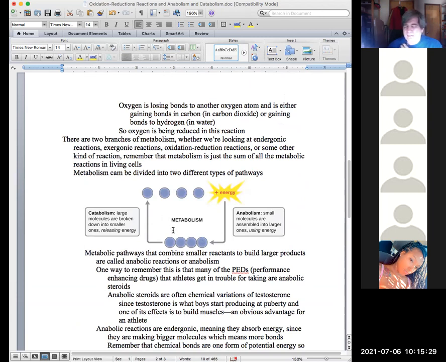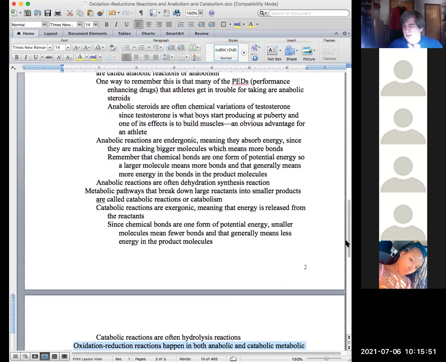Overall, an anabolic pathway will be endergonic. Overall, a catabolic pathway will be exergonic. So there might be an individual reaction that's endergonic, but if it's a metabolic pathway that's catabolic, it will always be exergonic. So keep individual reactions separate from pathways.